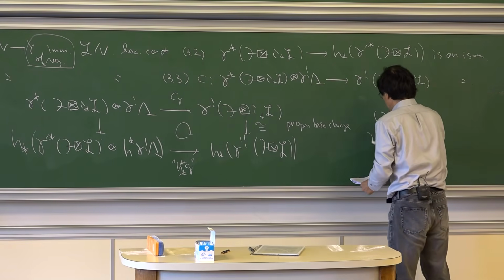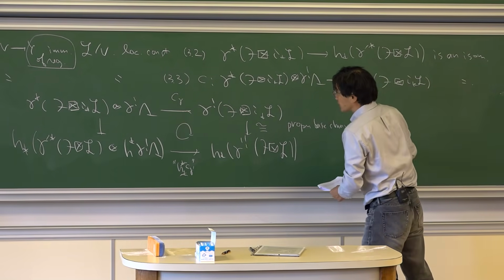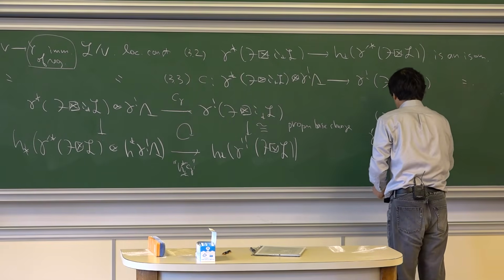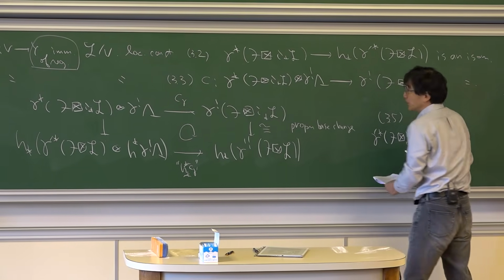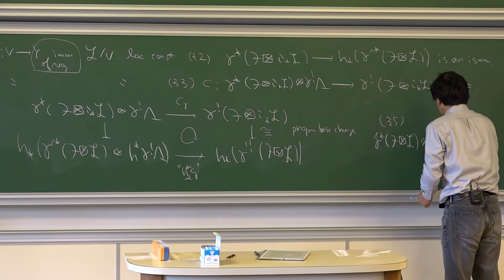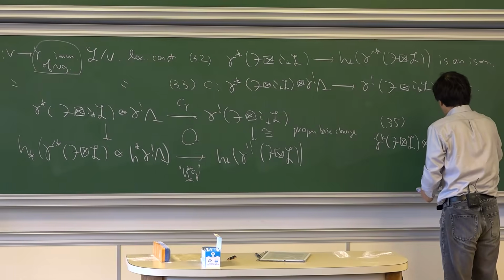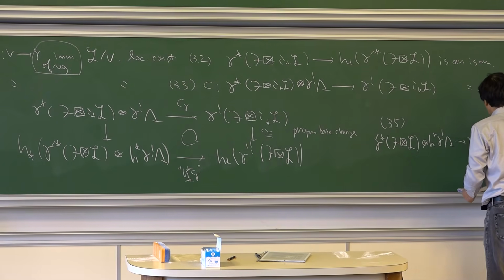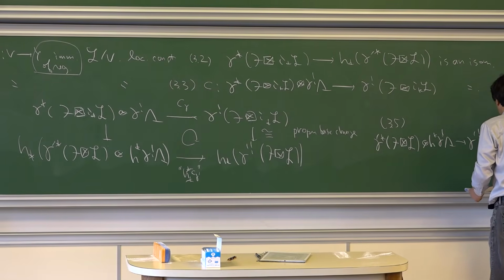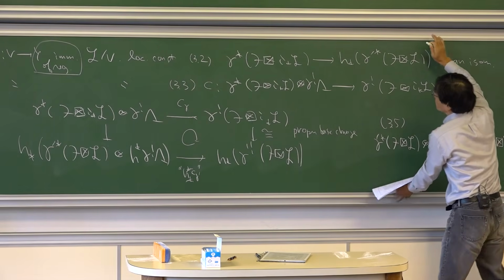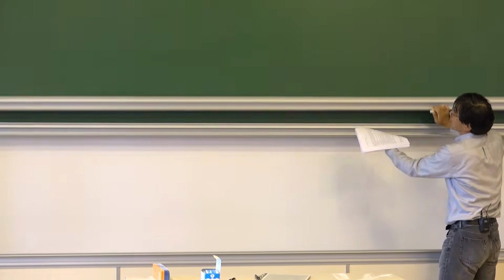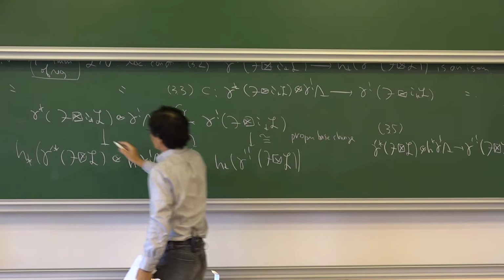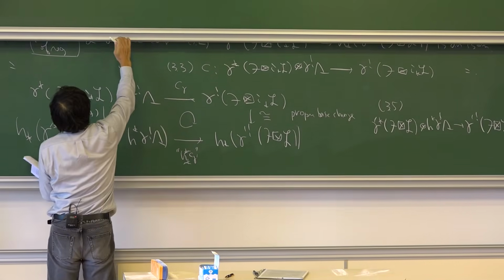So H is gamma prime star F tensor H star gamma shriek lambda going to. And let me call this A.